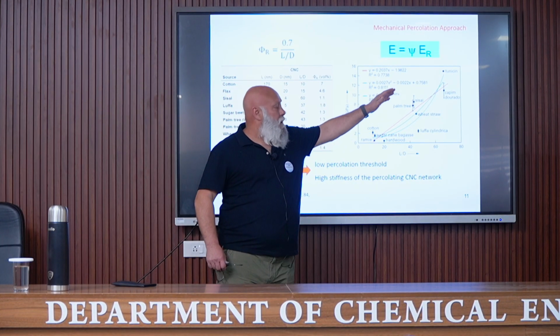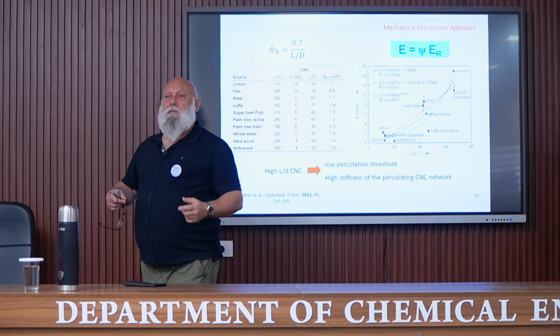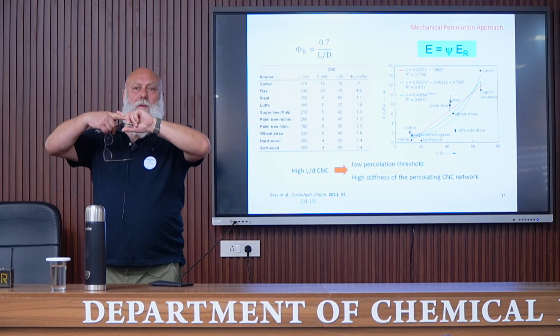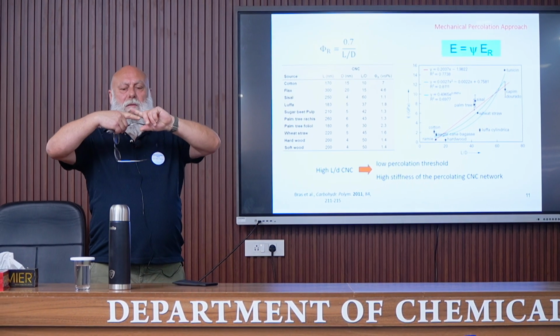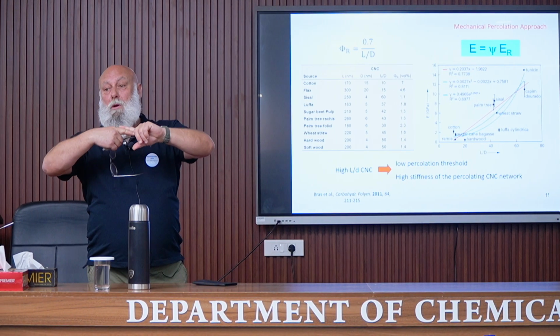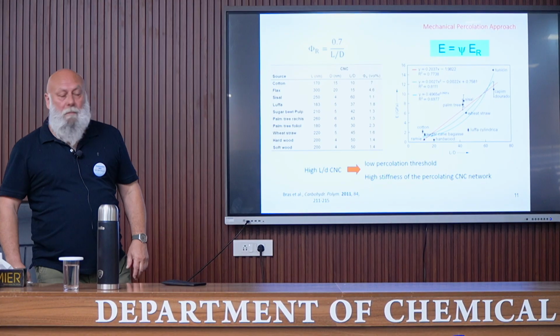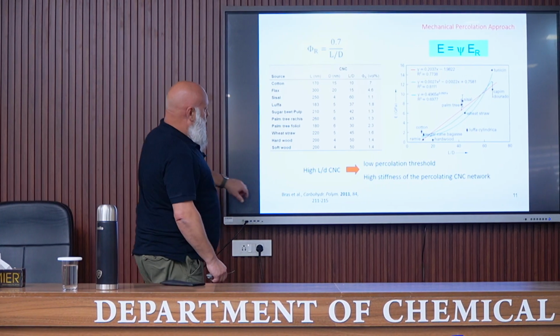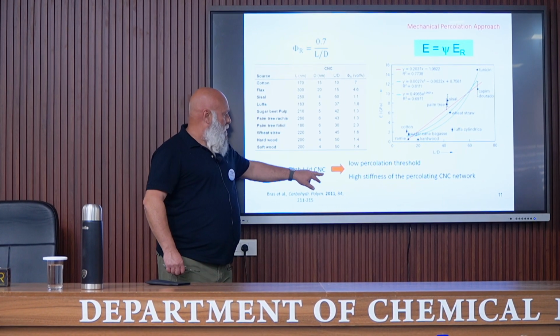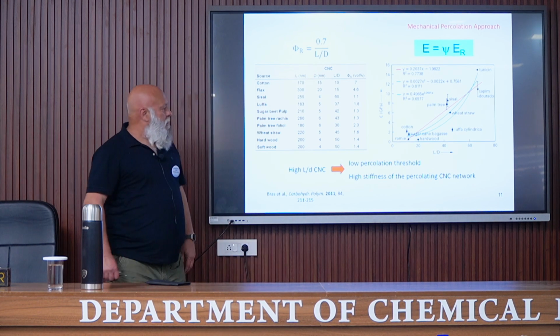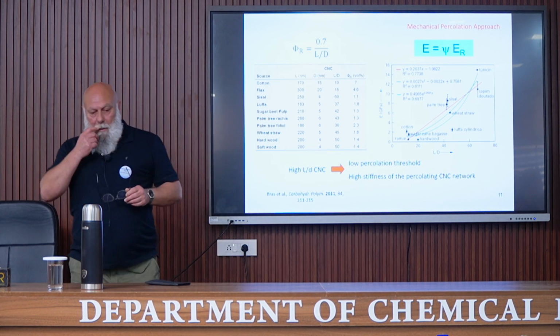You can see a kind of correlation. That can be understood because if we have longer nanocrystals, they can interact more strongly. If they are short, the interaction should be weaker. So this is another reason for using high aspect ratio nanocrystals, because of the high stiffness of the percolating network.